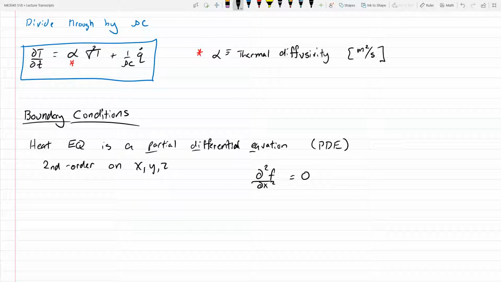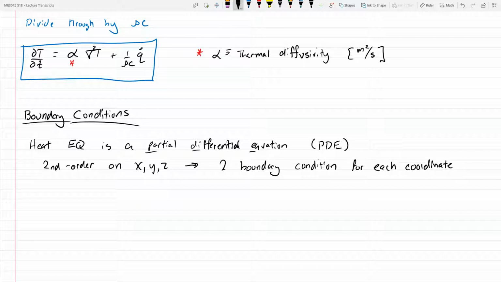Same thing applies here. Second order on x, y, z means that we need 2 boundary conditions, that is 2 pieces of information about the edges of the xyz domain for each coordinate.